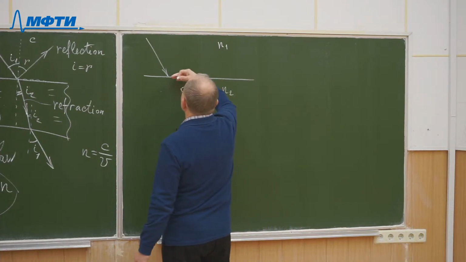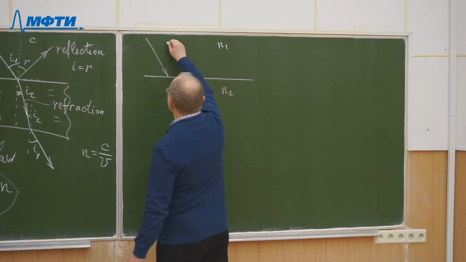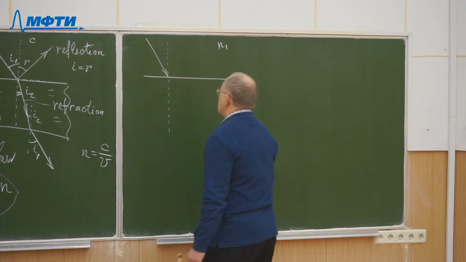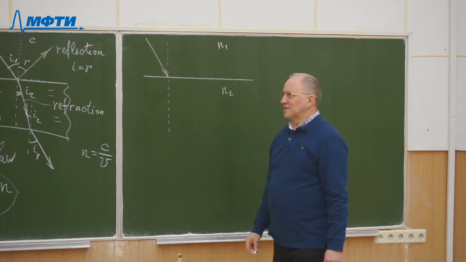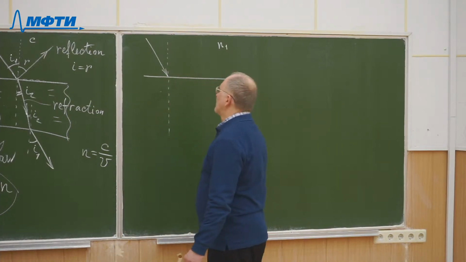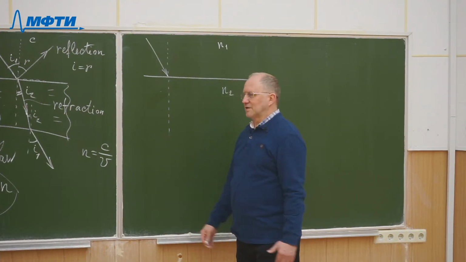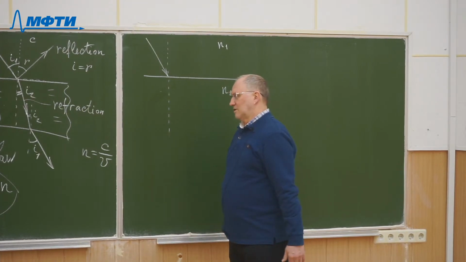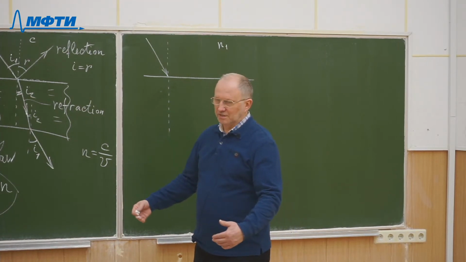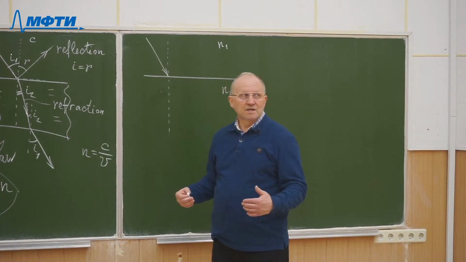There will certainly be some reflected beam of light, but I will not consider it now. I will consider only the refracted beam of light. And now we remember that light is an electromagnetic wave propagating in space. The electromagnetic wave has some wavelength, and it propagates very much like a wave on the surface of water. You can well imagine a wave on the surface of water.